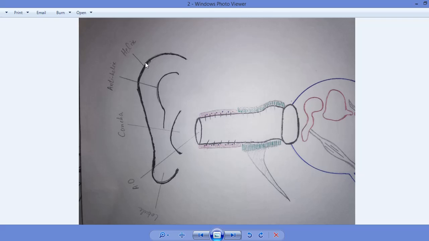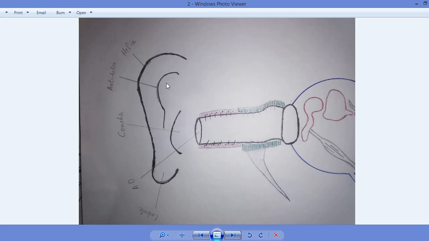So the auricle is the external part of the external ear. The anterior surface of the auricle consists of a large number of hairs and a large number of sebaceous glands which secrete sebum, an oil-like secretion. The posterior surface of this auricle consists of what? It consists of a large number of sweat glands. Why does the posterior surface consist of sweat glands, and why does the anterior surface consist of sebaceous glands?